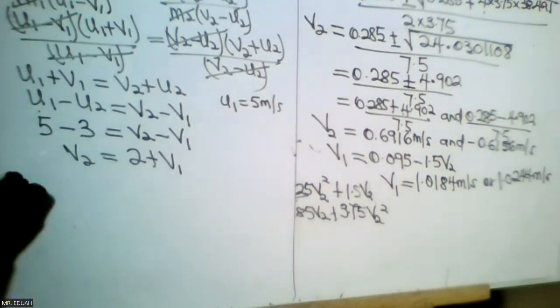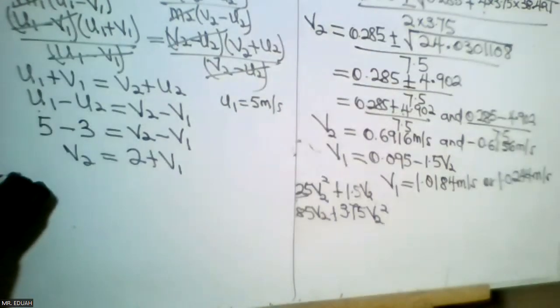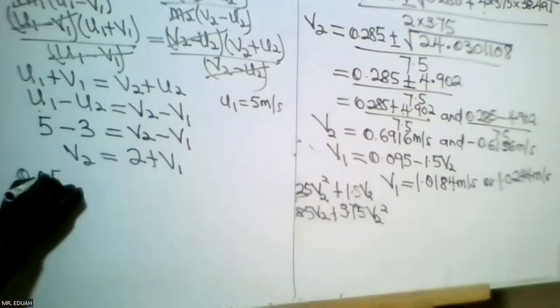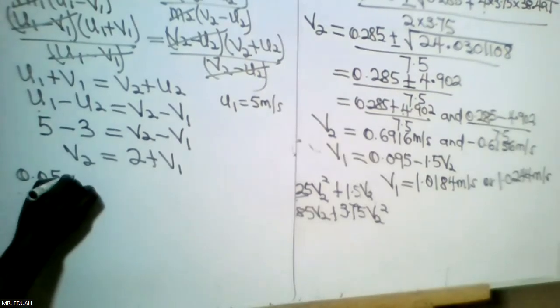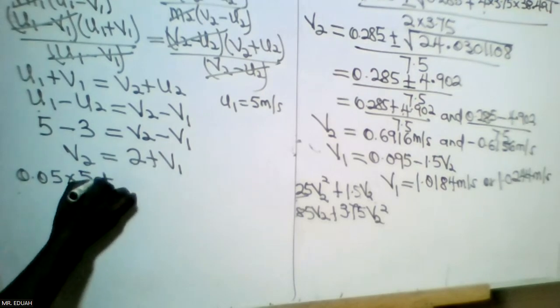If I choose conservation of momentum, what is M1? It is 0.04. Times U1, and U1 is 5.